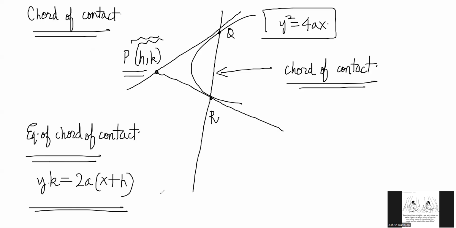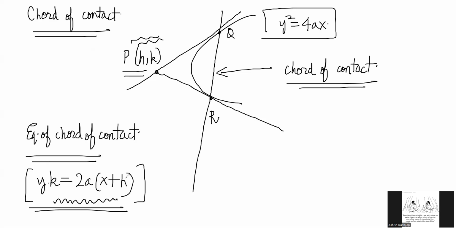You follow the same process as if you are drawing the tangent to the curve at point h comma k. Then you would have written the equation of the tangent would be this. Obviously, that is not true because h comma k is outside the parabola and you cannot draw a tangent at a point which is not even on the curve, right? But the equation looks like the equation of tangent to the parabola at h comma k.